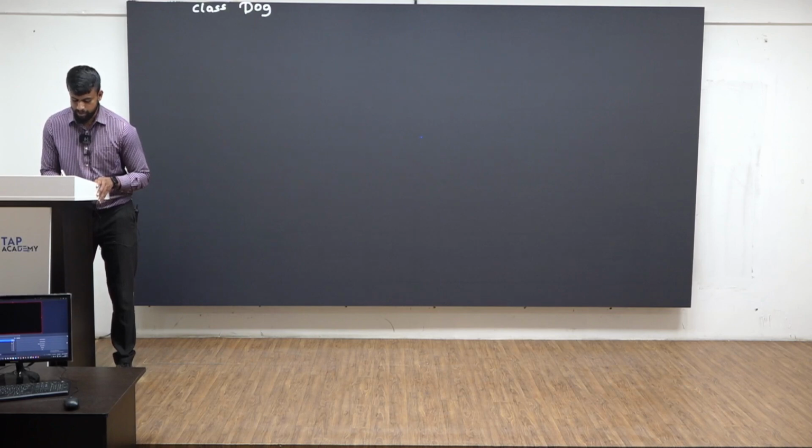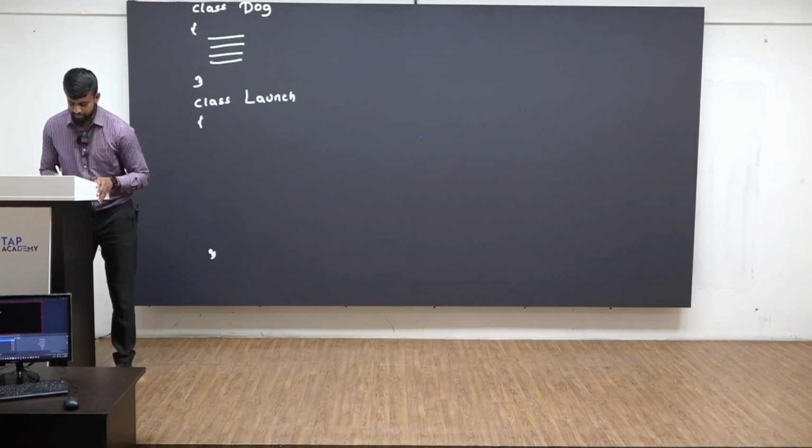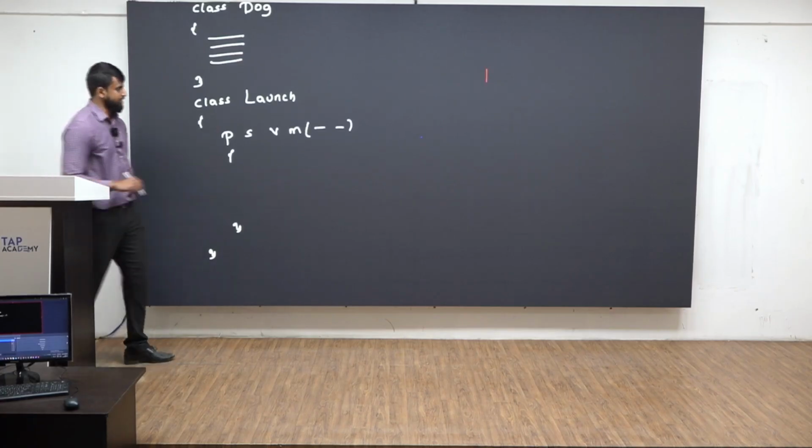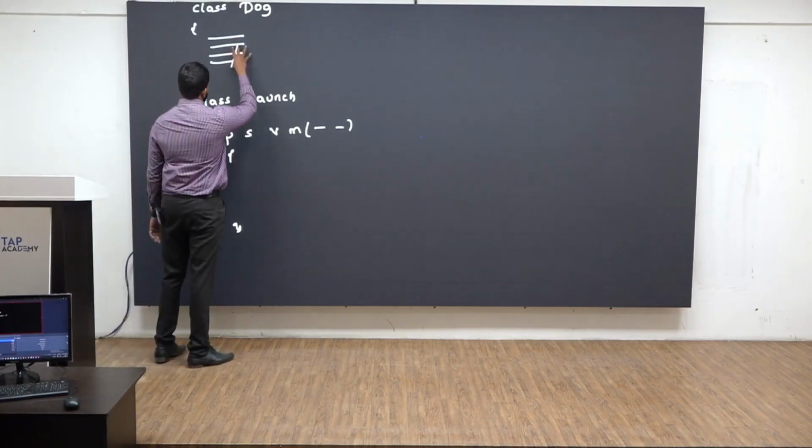For example, you have created a class Dog and you have given a lot of things here. You have created a class here and the name of the class is Launch. That is just the name of the class. I have my main method, public static void main, String array of args. Beautiful. Now my question to you is, this class is imaginary.